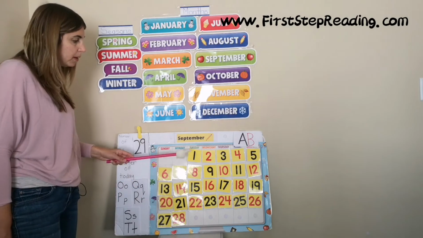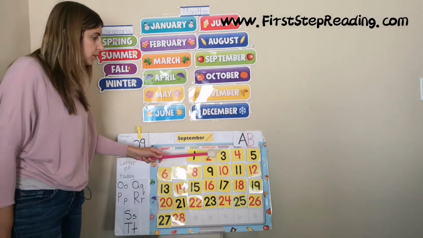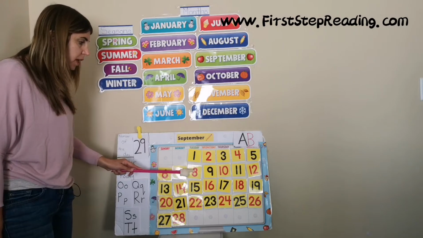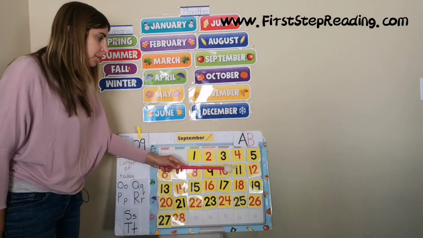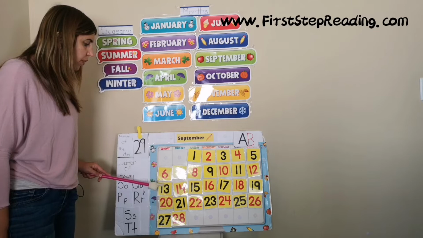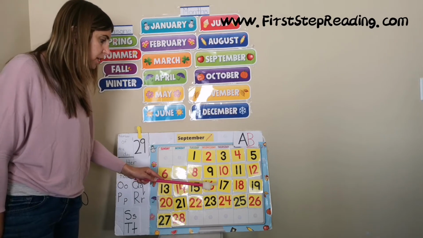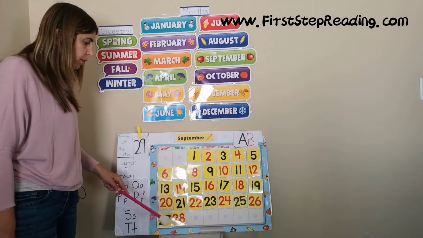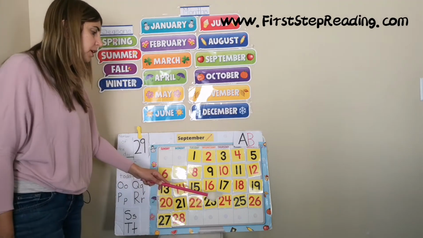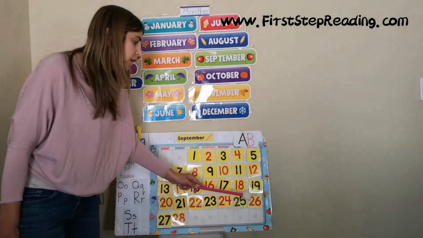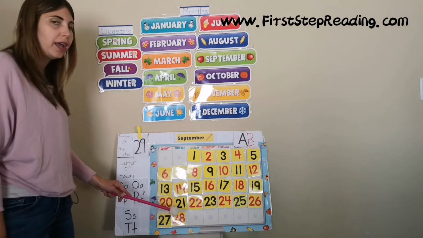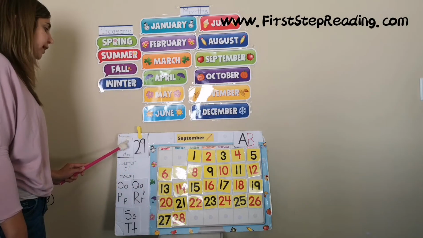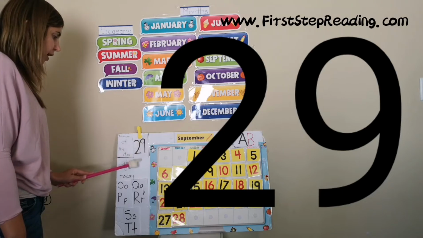Can you count with me? 1, 2, 3, 4, 5, 6, 7, 8, 9, 10, 11, 12, 13, 14, 15, 16, 17, 18, 19, 20, 21, 22, 23, 24, 25, 26, 27, 28, 29. 29 is a 2 and a 9.